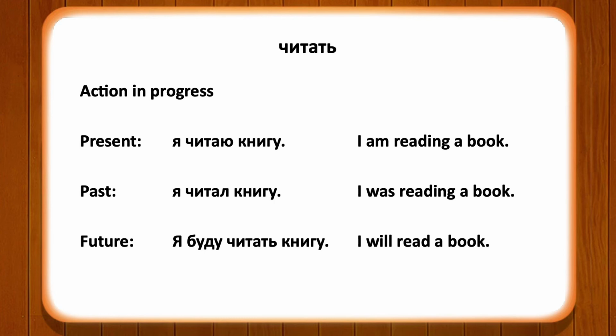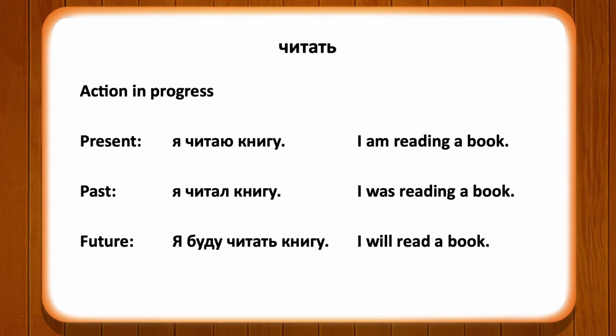The imperfective verb can also be used to denote an ongoing action in the past tense. Ya chital knigu, here the verb is conjugated in past tense. Ya chital knigu means I was reading a book. Here the imperfective verb denotes an ongoing action in past tense.